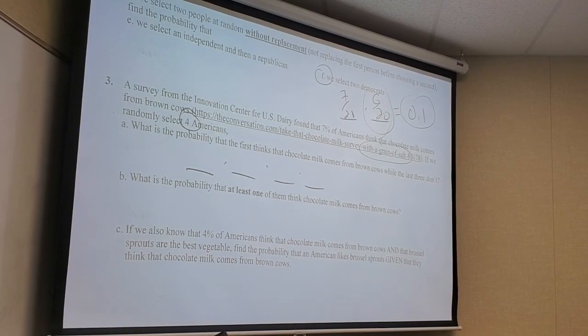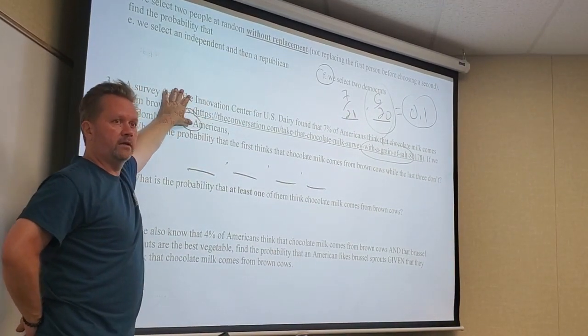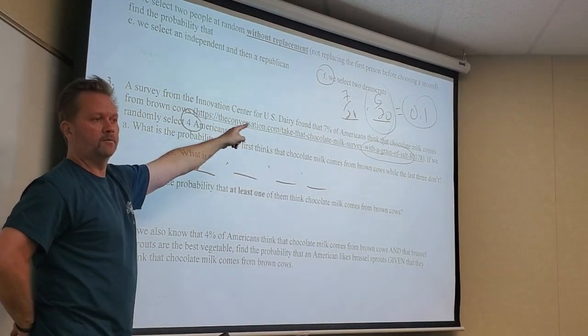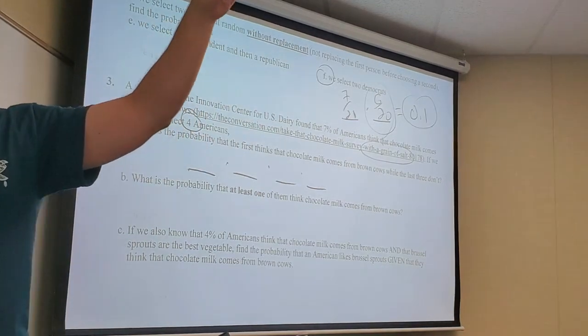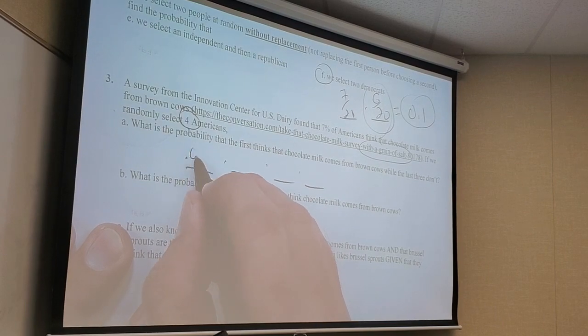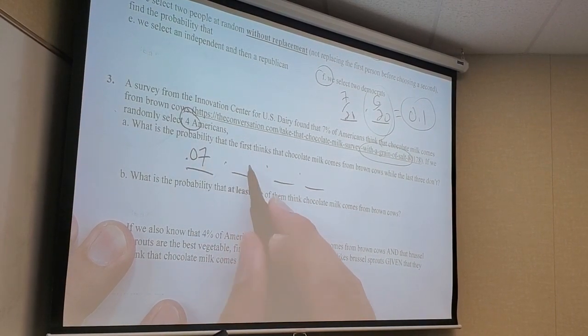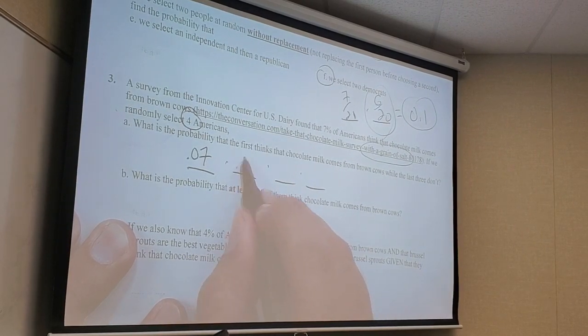You generate from the population, 7%. Totally. I know the probability that an American thinks that chocolate milk comes from brown cows is 7%. What's the probability that an American doesn't think that? 93%. So the first one thinks that, and the other 3 don't. So what am I going to put in the other 3? 0.93.